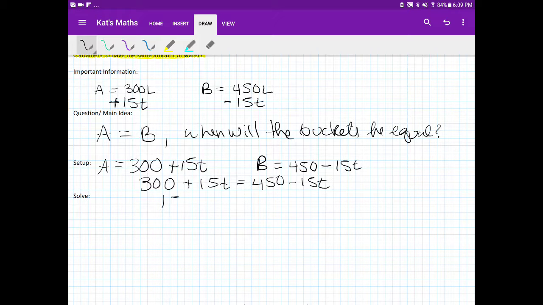So we might end up with 150 is equal to 30t. So t is equal to 5. So it takes 5 minutes for this bucket to lose enough water to be equal to the bucket that gained enough water.